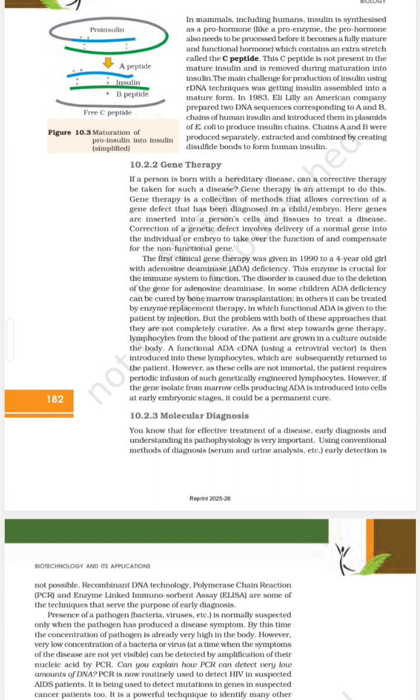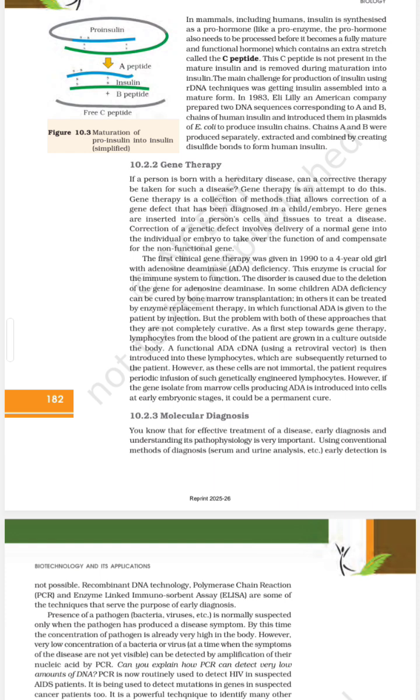As a first step towards gene therapy, lymphocytes from blood of the person are drawn in a culture outside the body. Okay, lymphocytes are taken out of the body of the patient and are grown in a culture outside the body. Functional ADA cDNA, complementary DNA, using a retroviral vector is then introduced into these lymphocytes, which are subsequently returned to the patient.